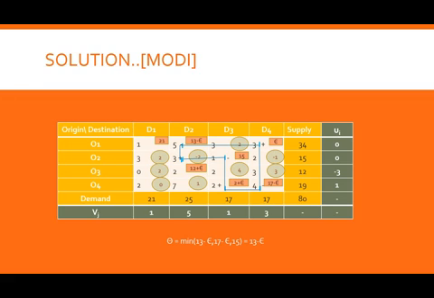So put alternating signs for theta. So you get plus theta. Here you get a minus theta, a plus theta, a minus theta, a plus theta and a minus theta here. So theta value will be the minimum of all the minus theta allocations. So where all you have minus theta? 13 minus epsilon.